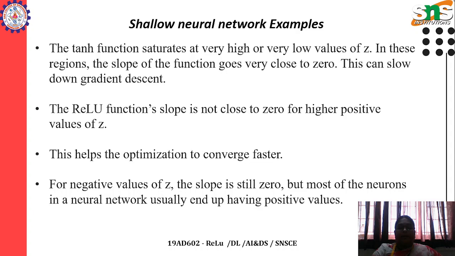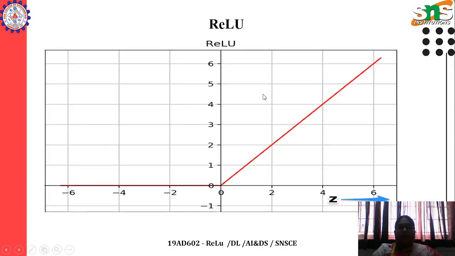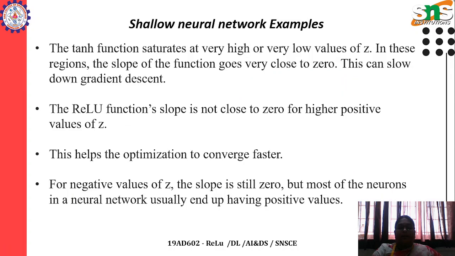So the slope of the function goes very close to 0, which you could see in tanh. It rises from the negative, touches close to 0, then goes to a high value. The tanh, which goes very close to zero, can slow down the gradient descent. But if you see the ReLU function, the slope is not close to zero.